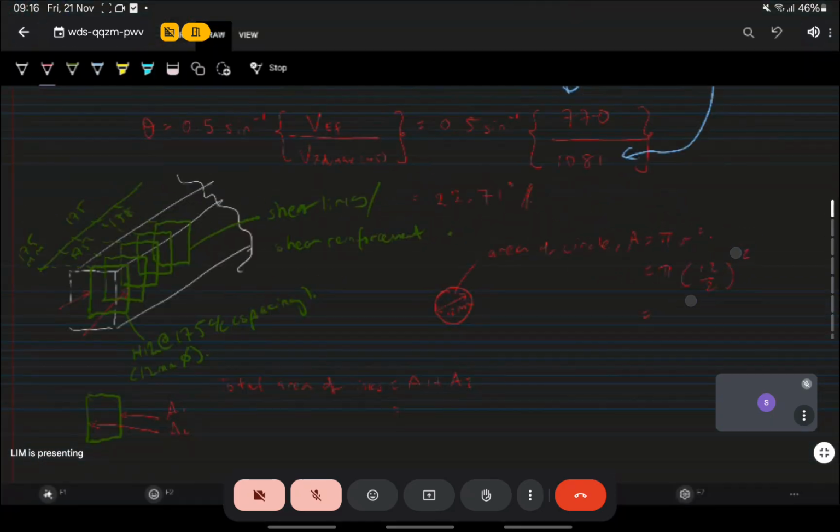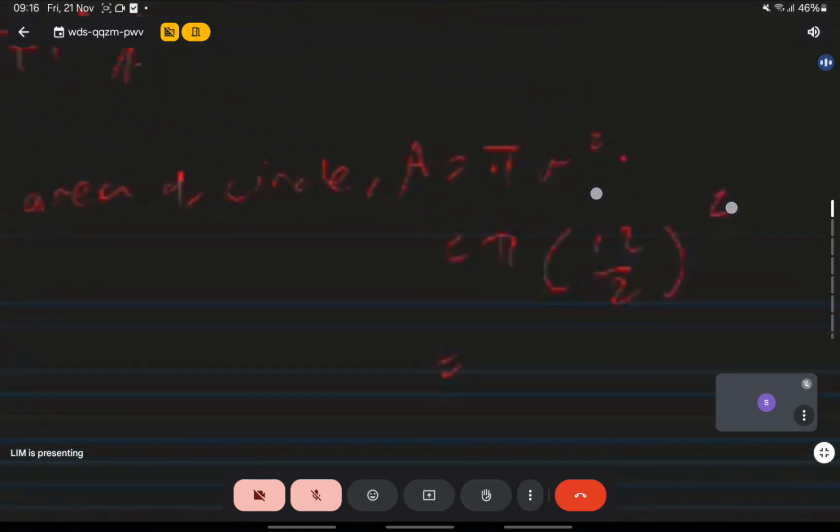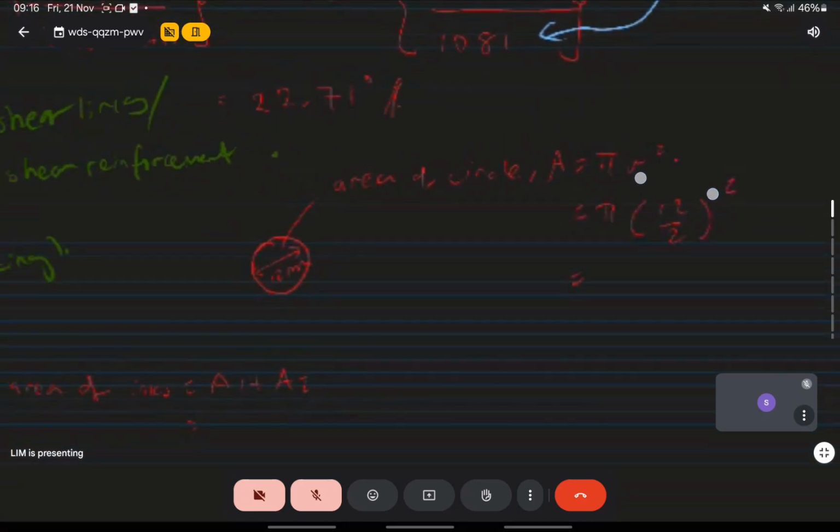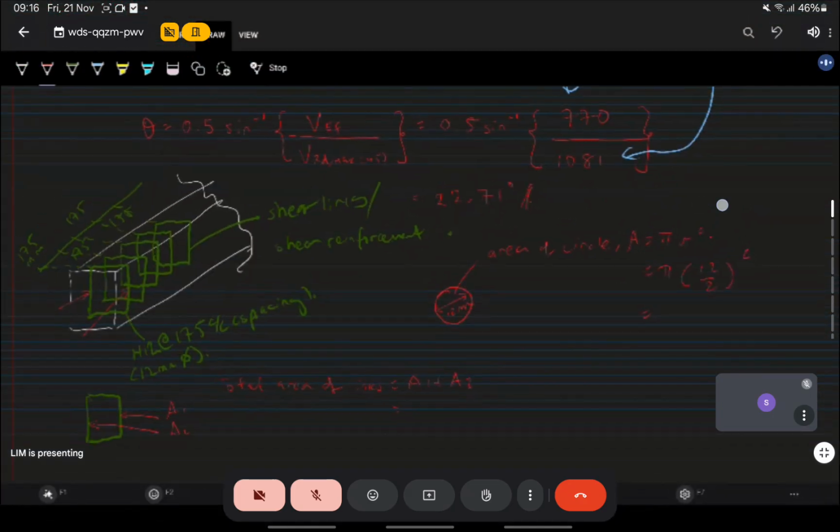Quick, how much? Someone else? I want to hear. 113, thank you. Okay, 113, let's say 113. So the area of a 12 millimeter bar is 113.